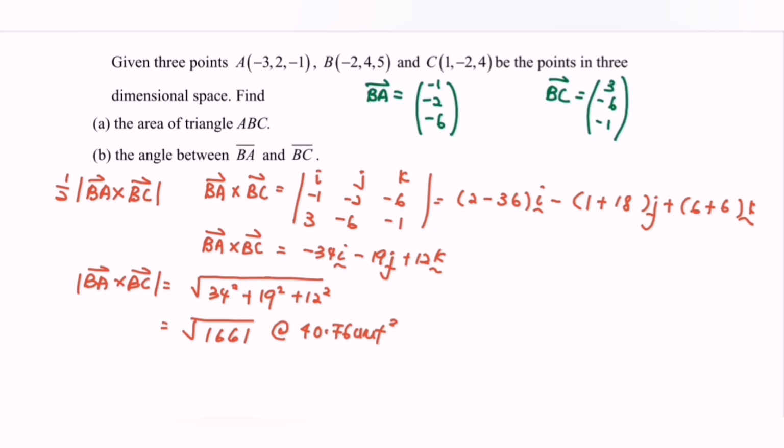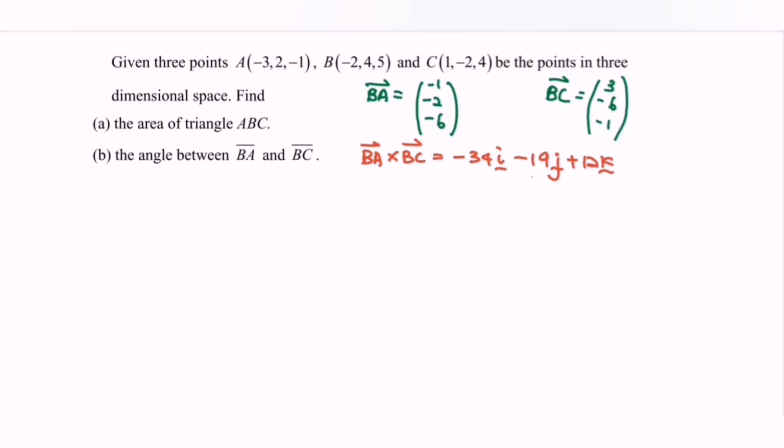So in here, the question is asking about the triangle. So the triangle ABC has the area of the square root of 1661 over 2 unit square.